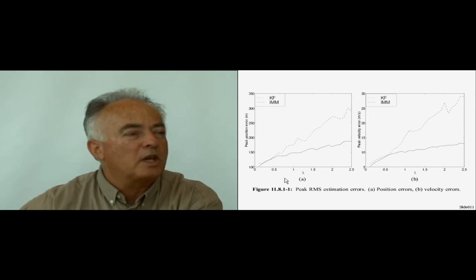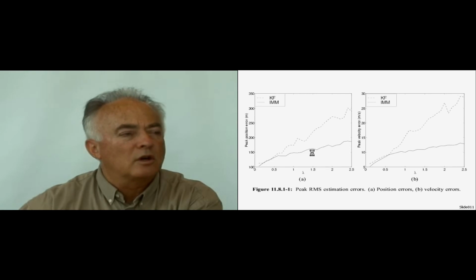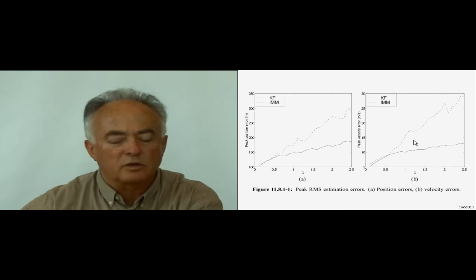So these are the peak errors, and up to 0.5 they are about the same. Obviously, as you have more noise and the IMM does have that particular lambda in its maneuvering mode filter design, there is an increase, but it's low, while the Kalman filter has significant increases in its errors, both in position and in velocity.